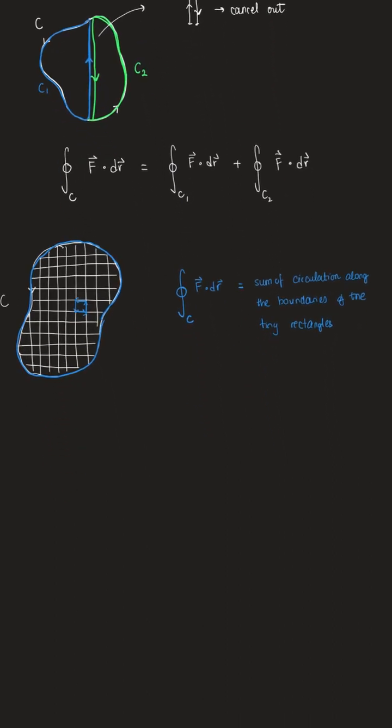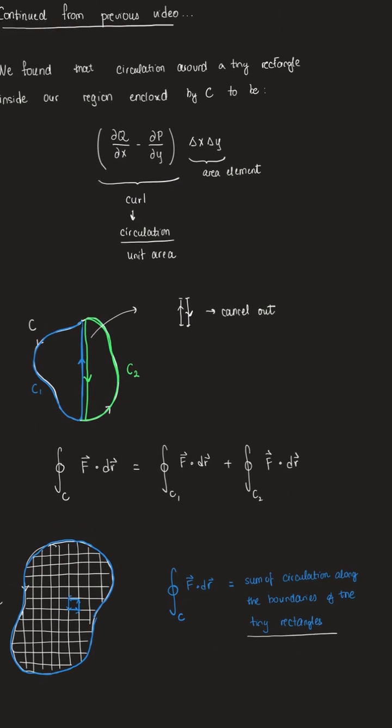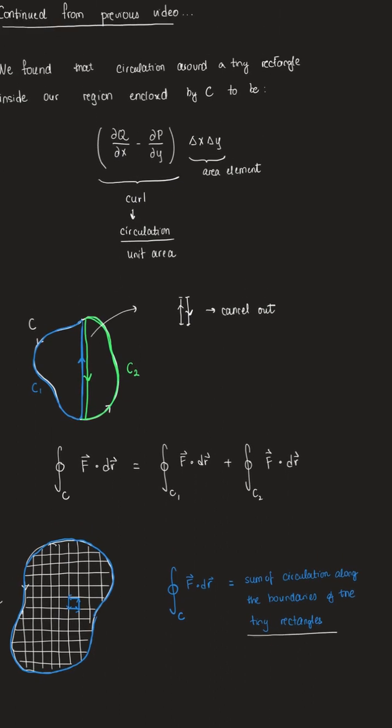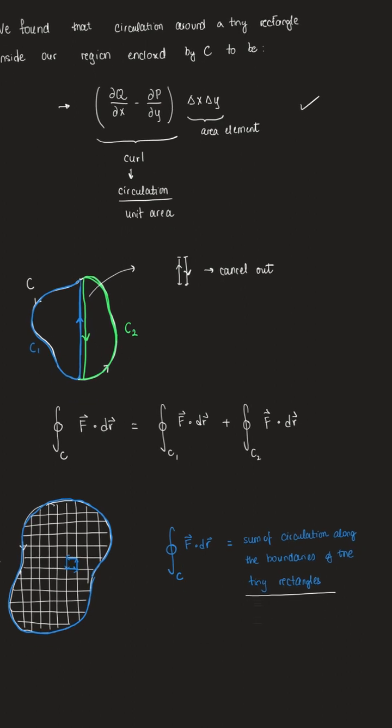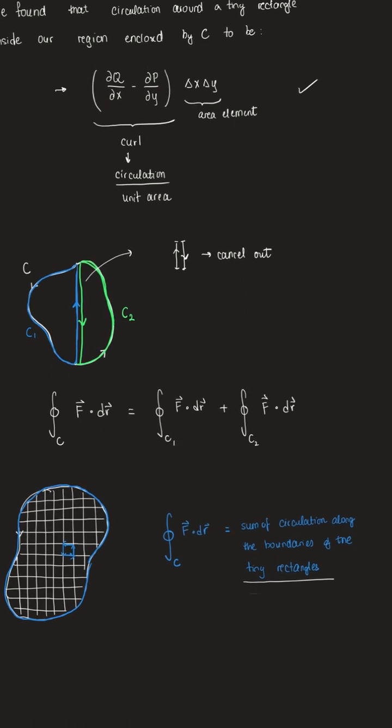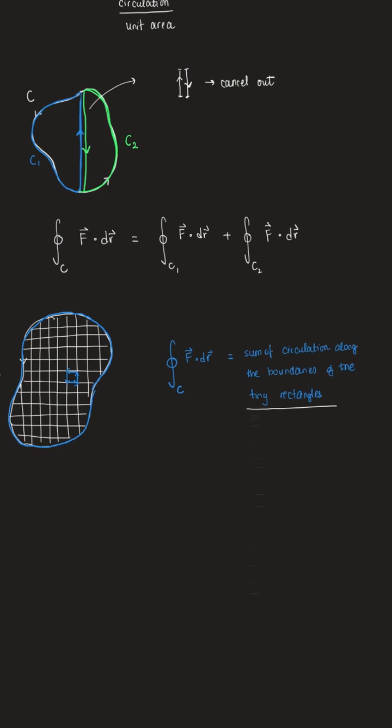And we know that this sum has something to do with our expression up here. The circulation along one of these little tiny rectangles has a lot to do with this little expression. Now, what we're going to do is let the number of rectangles go to infinity, or let delta x go to 0 and delta y go to 0.